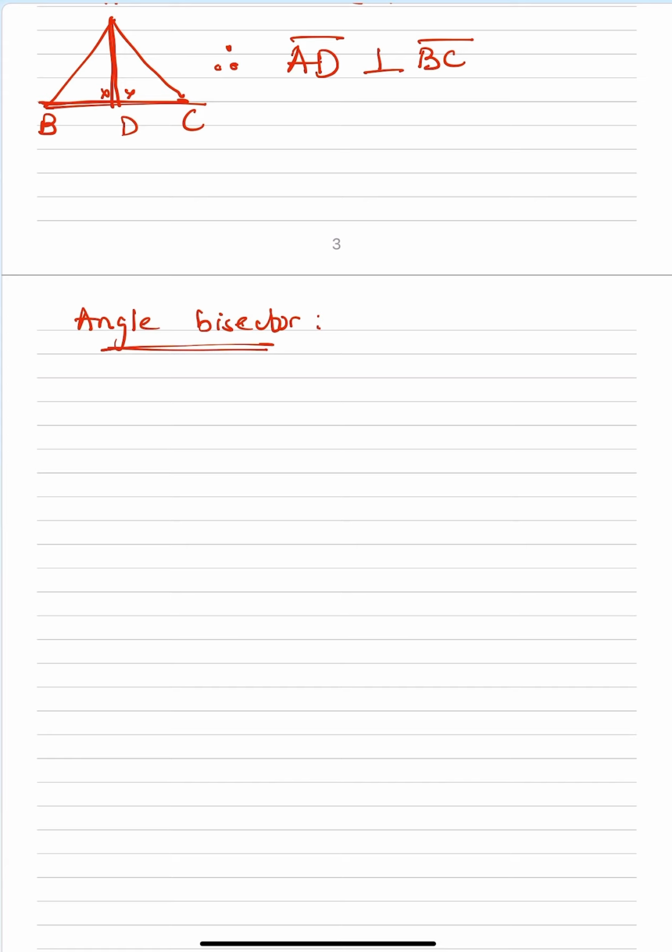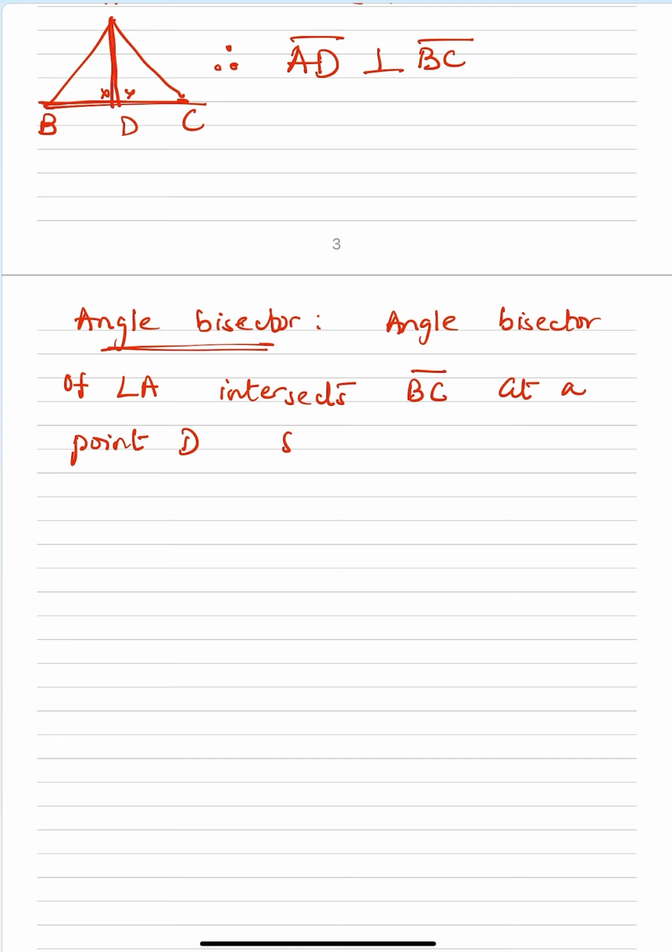What is an angle bisector? See, the angle bisector of angle A intersects BC at a point D such that the ratio of line segment BD is equal to the ratio of line segment CD.